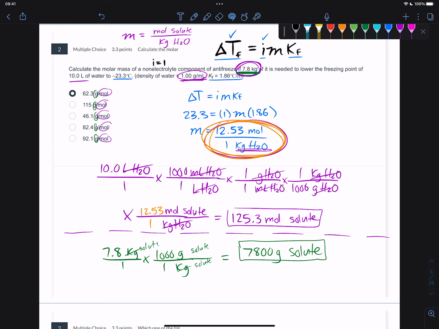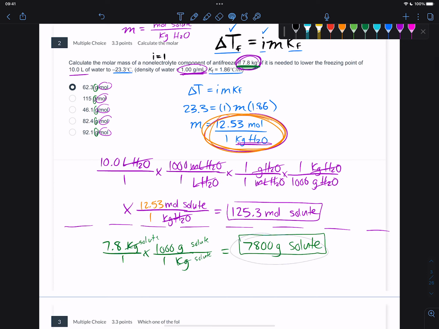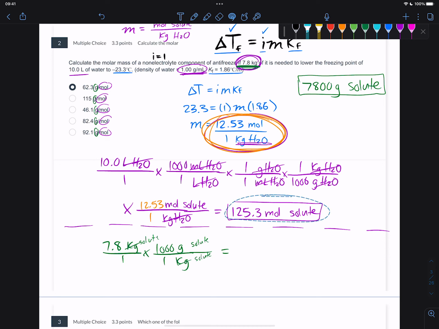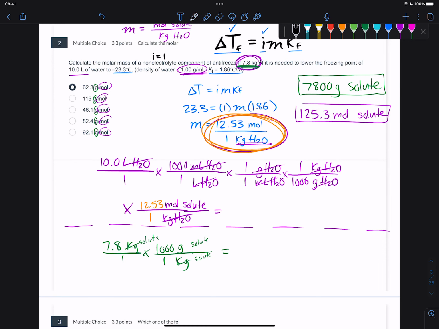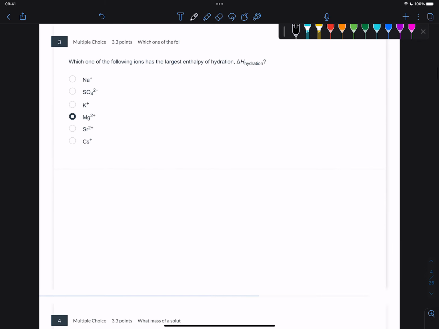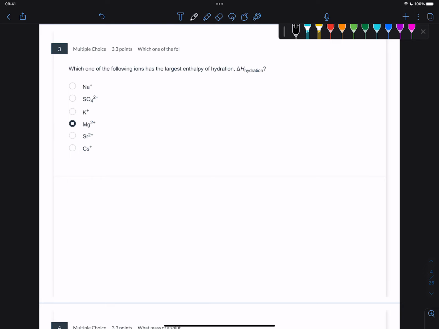And that's why you get this answer. 7,800 divided by this gives you the molar mass. So move this around. The molar mass, capital MM is what I do, is equal to this. That's why the units are going to make sense. And when you do the math, you get that answer. 7,800 divided by 125.3.